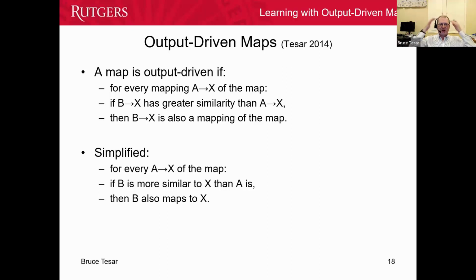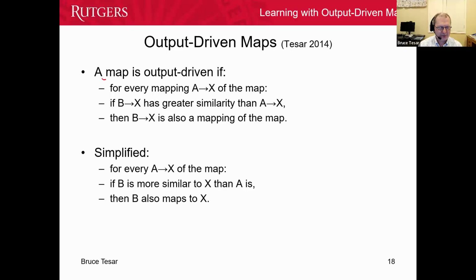This is a property that holds of some maps and not others. It's proposed that not all of phonology corresponds to it, but it's a good first approximation. It's actually remarkable how much of phonology seems to adhere to this property. So let me briefly explain what this property is. It's really what you might call algebraic convexity.